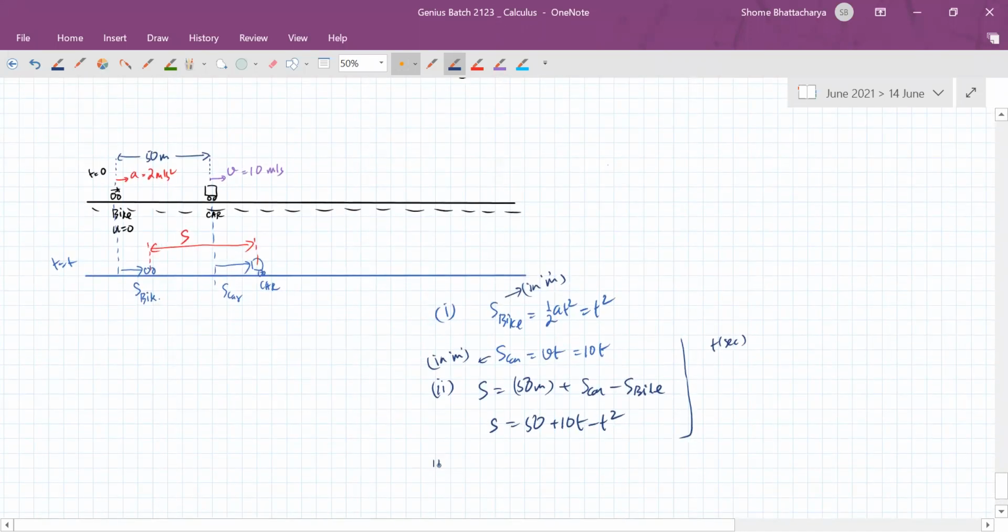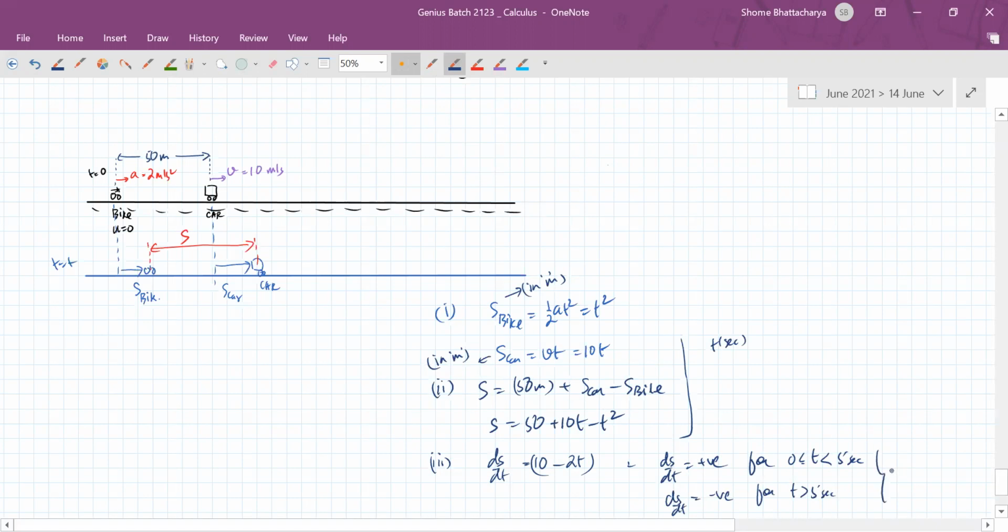Now, when we analyze this function, we can see that it's a simple quadratic function where ds by dt is 10 minus 2t. So we can see that ds by dt is positive for 0 to 5 seconds. ds by dt becomes negative for t greater than 5 seconds.